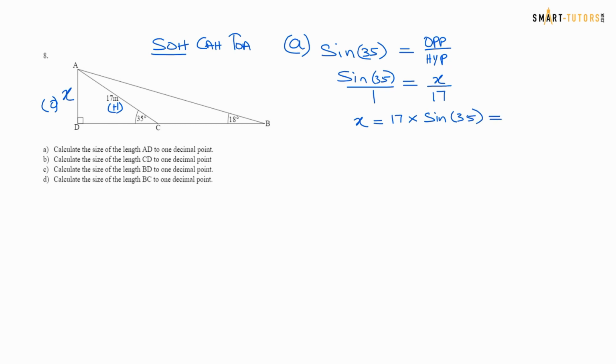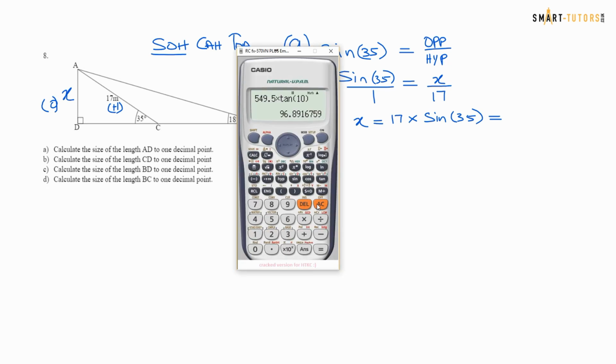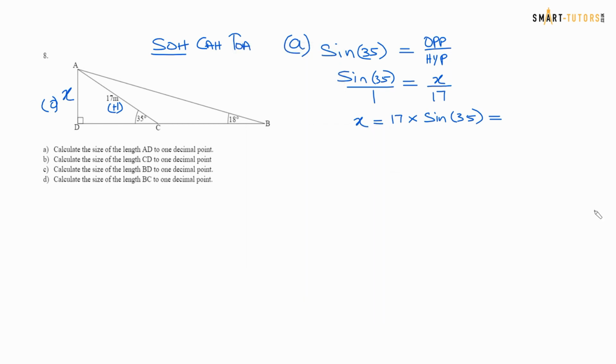And that is the answer for the AD. So AD answer is 17 times sine 35, bracket close. 9.75. So 9.75 meter is AD.